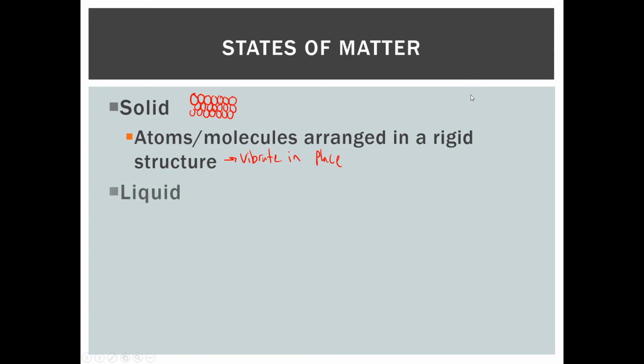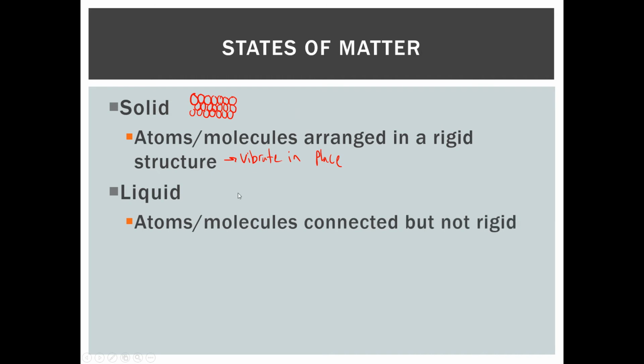Liquids have a little bit more structure. They are connected, but they're not rigid. So a liquid has a lot more freedom to just slide around amongst the other elements. They're still connected, but they are not rigid. So these individual molecules or atoms have the freedom to just slide around.